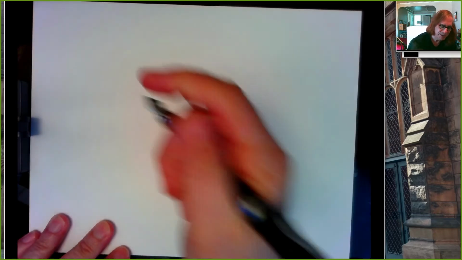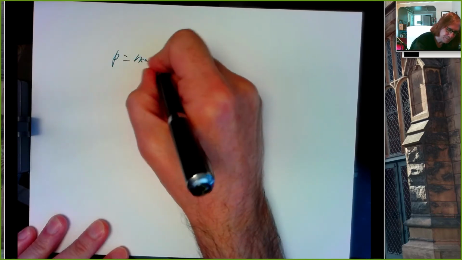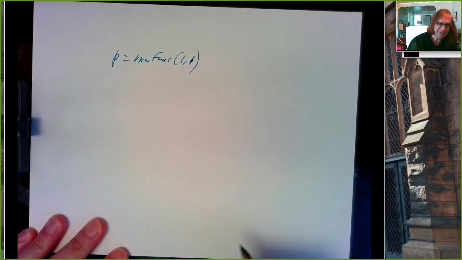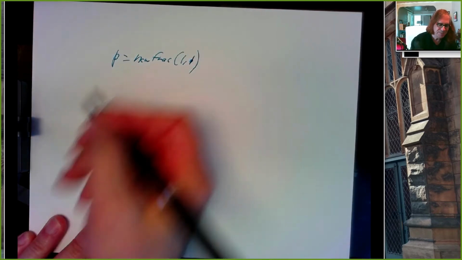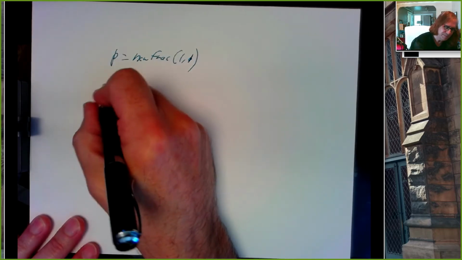Here's a particularly aggressive thing that your program should be able to handle. I'm abbreviating fraction as frac for some reason. P equals new fraction 1, 1, so that's just the number 1.